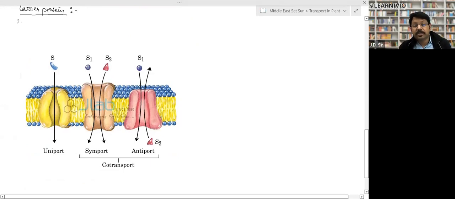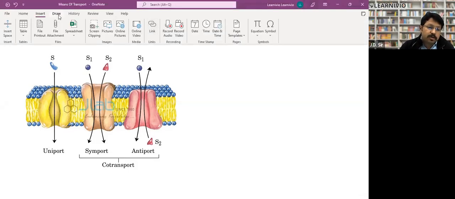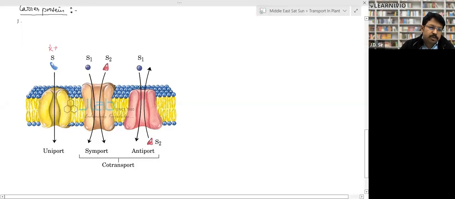For example, when they are transporting potassium alone, that is the uniport. We have already studied the sodium potassium pump in the nervous system: when the sodium goes inside, then potassium comes outside. So they transport simultaneously but in opposite direction.